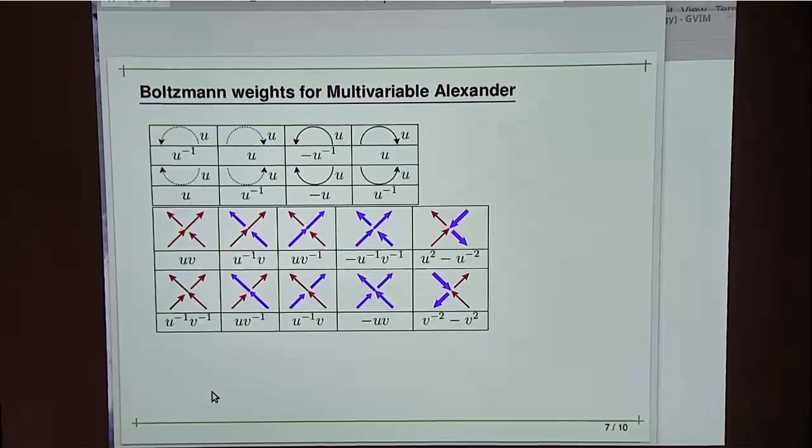And one stupid question. You can alternatively get Alexander by analytical continuation in N from Conway? If you take the Conway polynomial and put n equal to 0, you get Alexander. It's a specialization of the HOMFLY-PT polynomial. So you can alternatively get Alexander in this way.